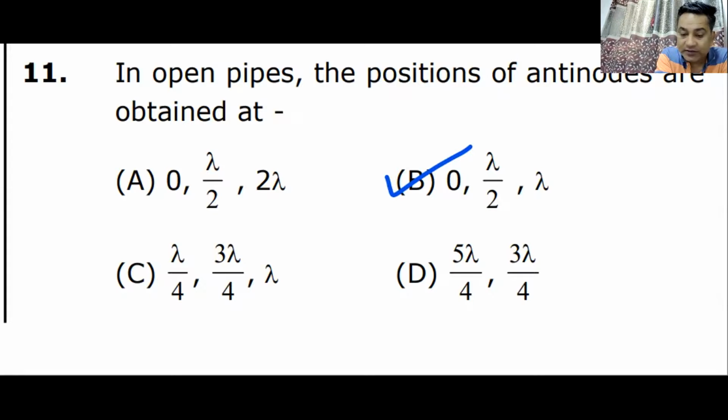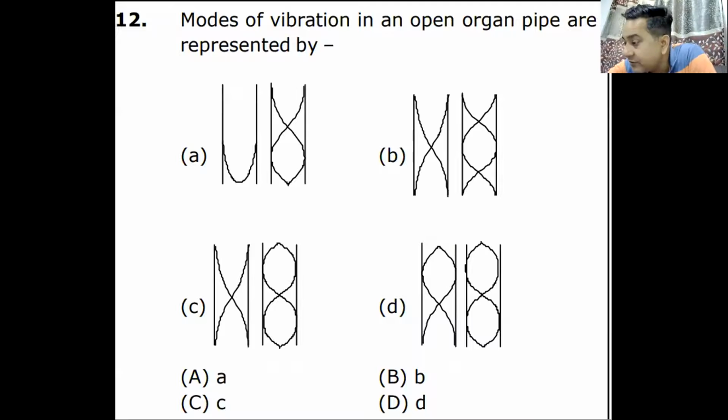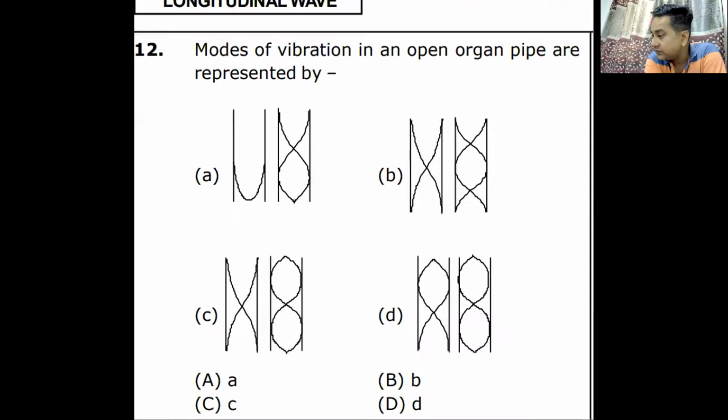Here comes the next one in line. Question number 12. Okay, I don't think you can see the entire question. I had a doubt, so just okay. I hope you can see it now. Which diagram represents the vibration in an open organ pipe?